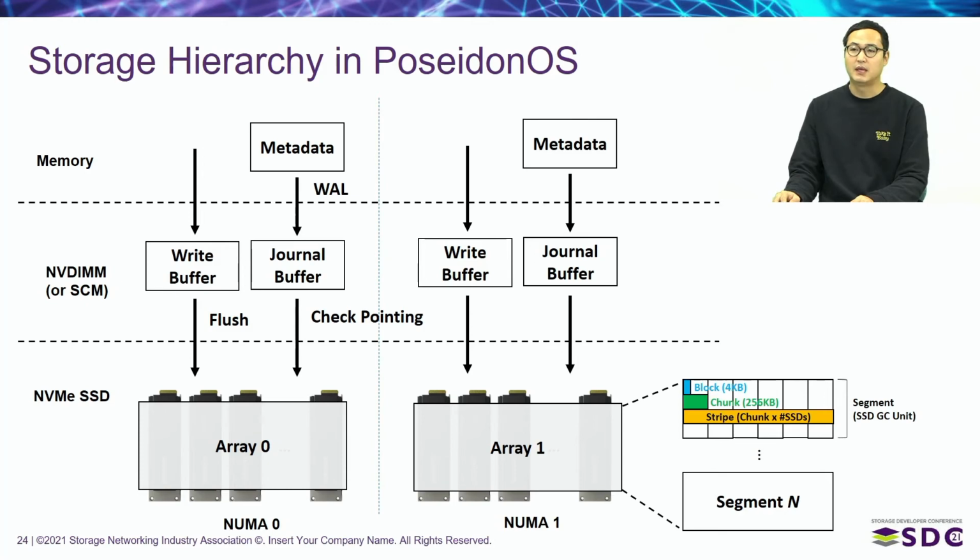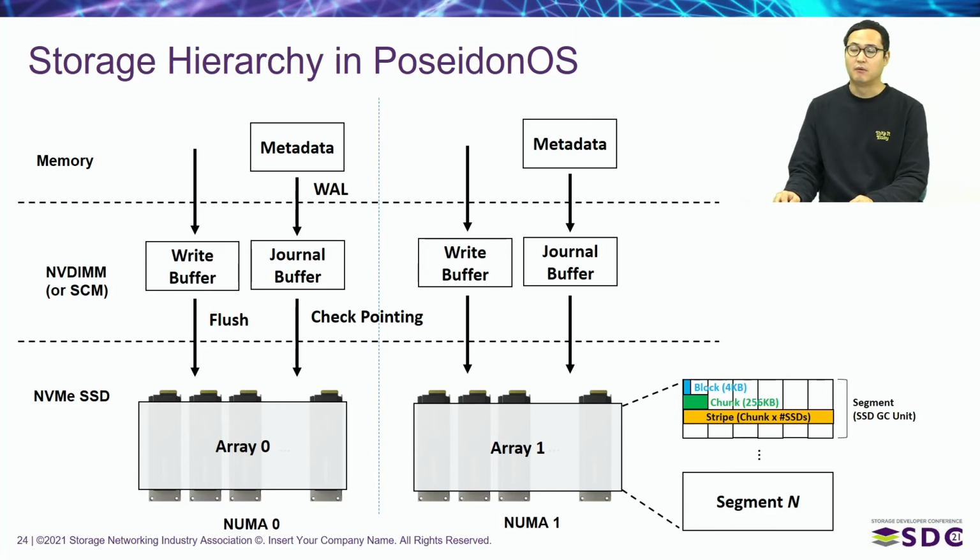The array is accessed in smaller units. The smallest unit is a block, which represents an I/O unit from the client, and normally has a 4 kilobyte size. And a chunk consists of multiple blocks, and its size is determined by the size that can obtain the maximum write performance of the NVMe SSDs equipped in the Poseidon system. Poseidon OS issues write commands only in chunk size, and by doing so, it can fully exploit the write performance of each NVMe SSD.